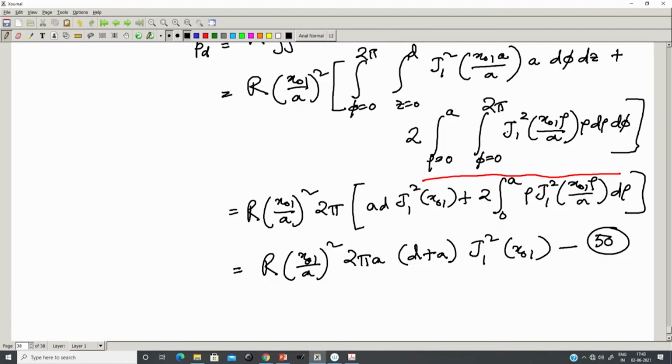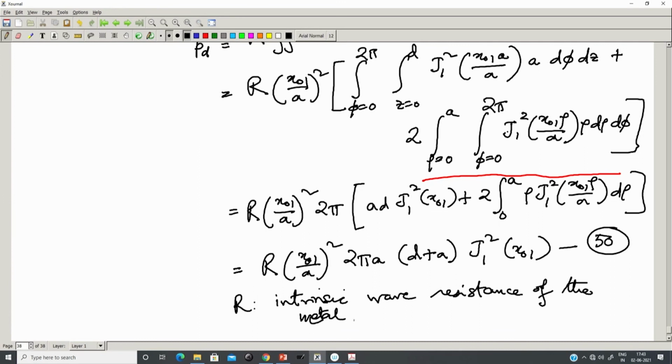Where R is the intrinsic wave resistance of the metal walls.